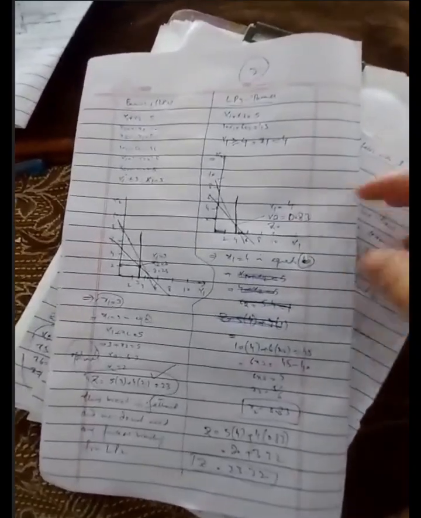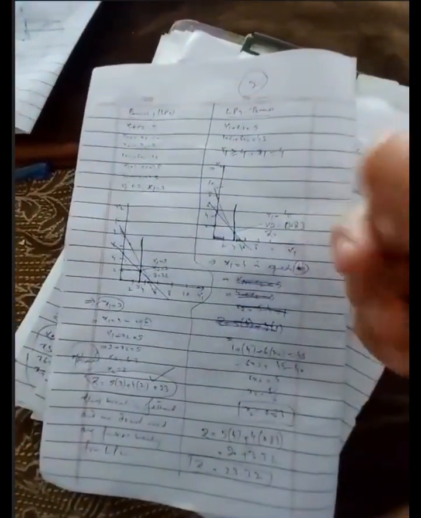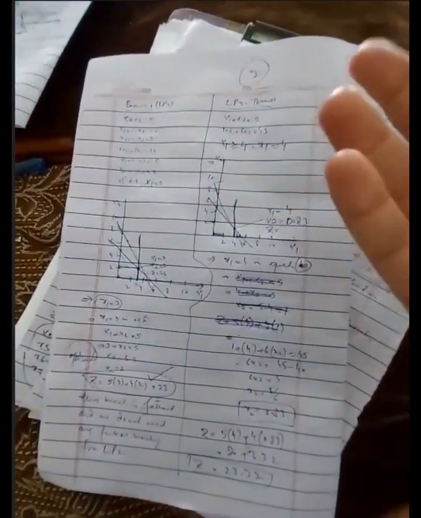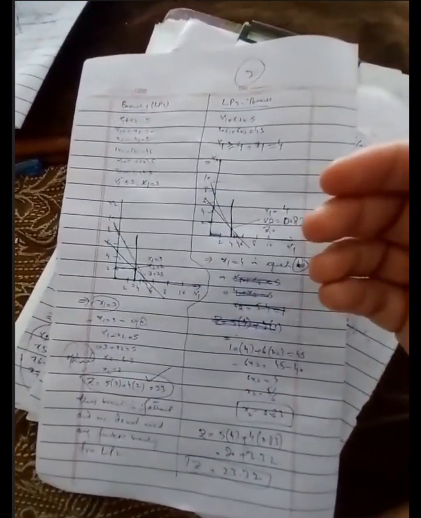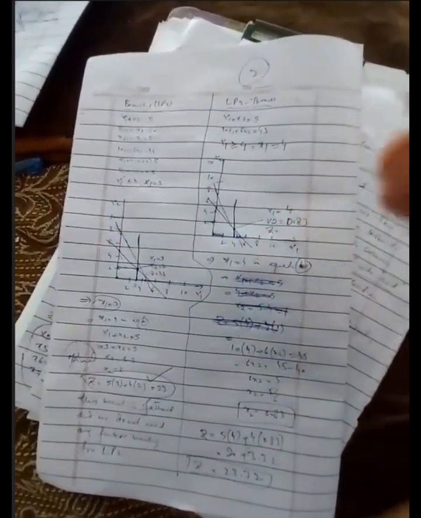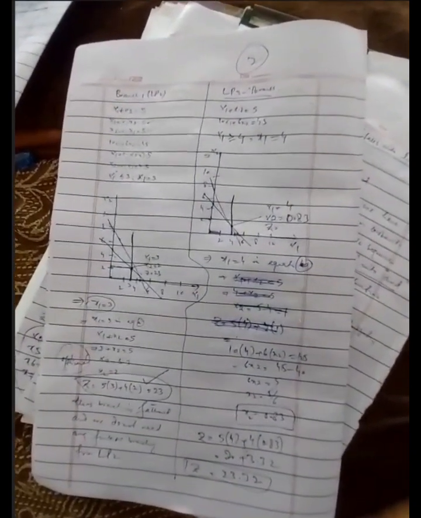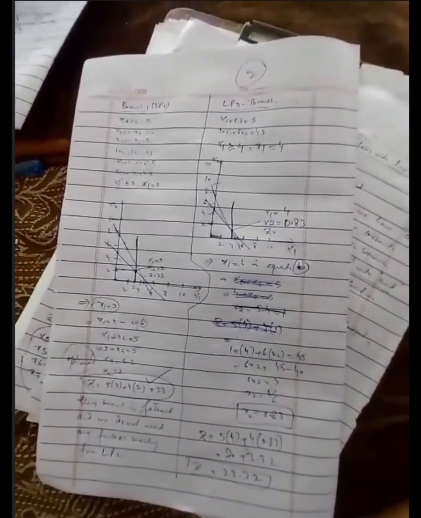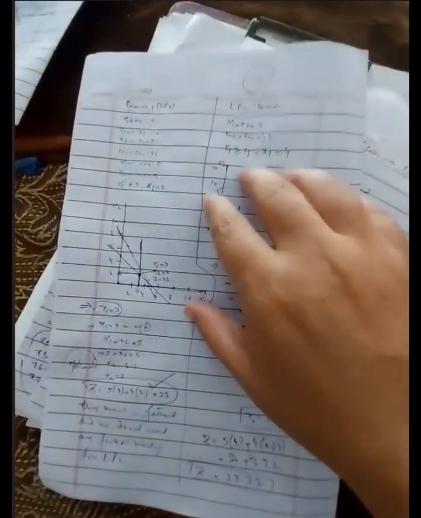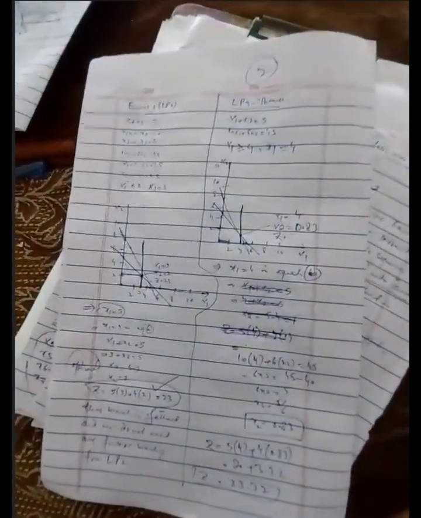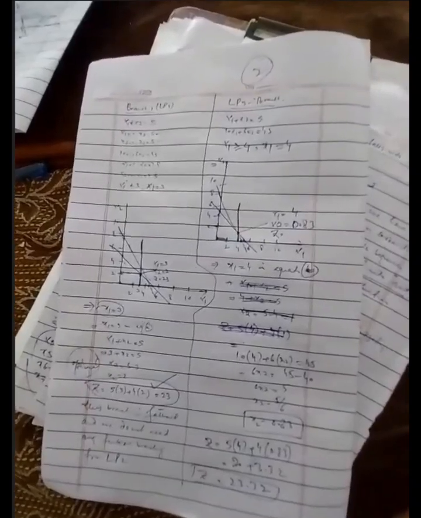In the big M method, we started with Z and ended with Z. We solved all the equations for the Z optimal value, just like you practiced. For example, maximum Z is equal to 5x1 plus 4x2.